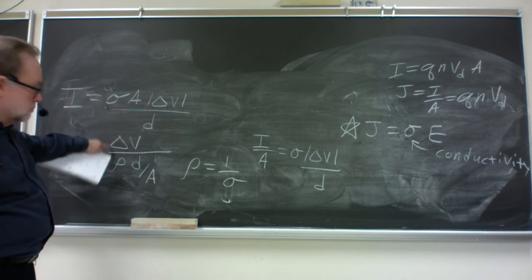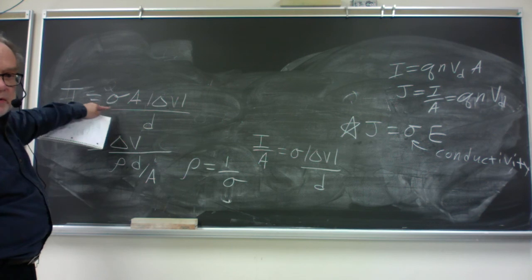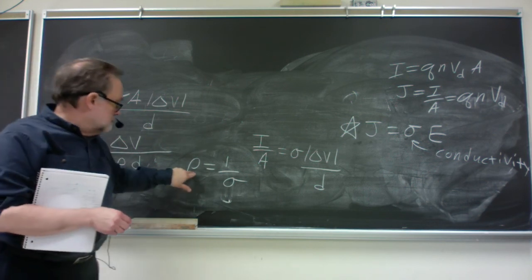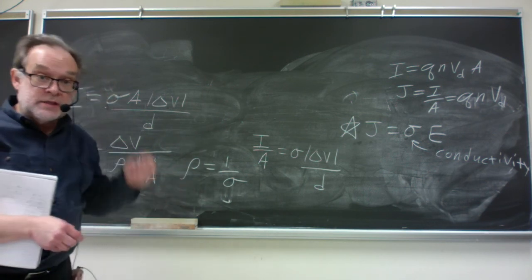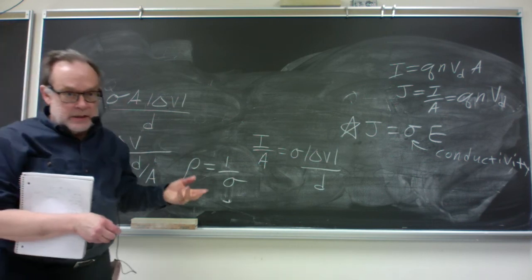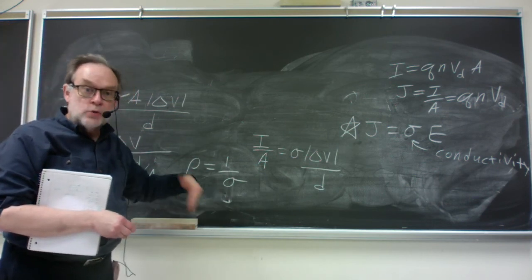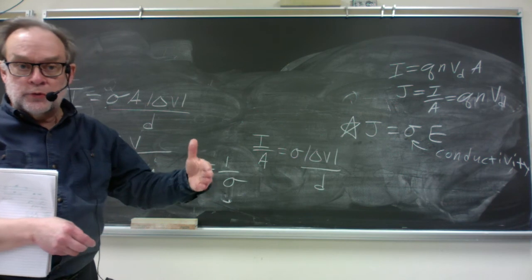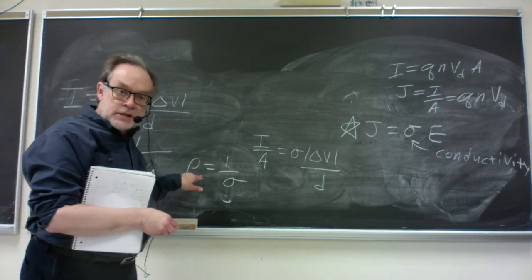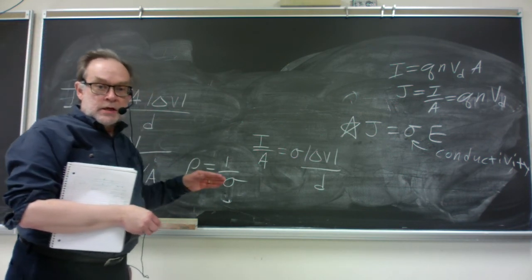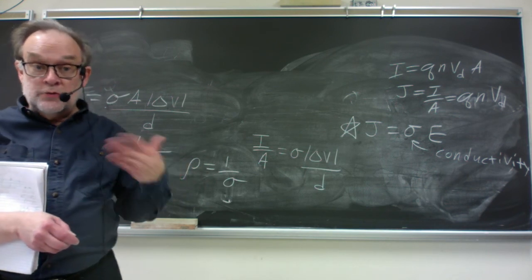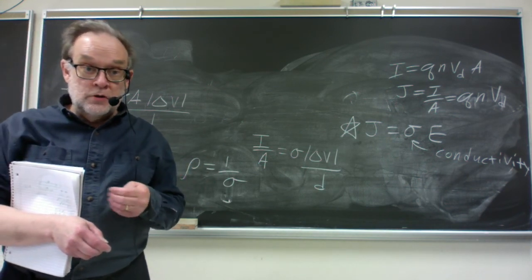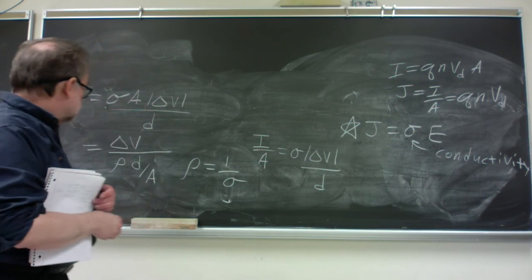So now I've written rho instead of writing conductivity, and the name we give to this symbol is resistivity. Just as conductivity is a number that measures how easy it is to make current flow through any kind of material, resistivity is the number that measures how difficult it is to make current flow through any kind of material.